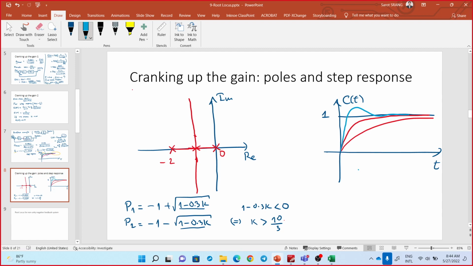And if k is larger and larger, we have larger oscillation.